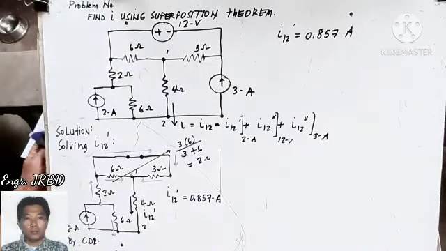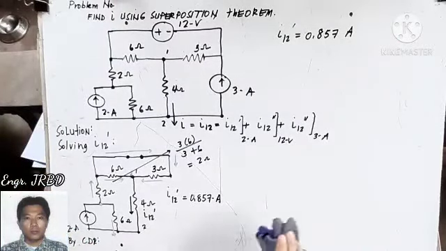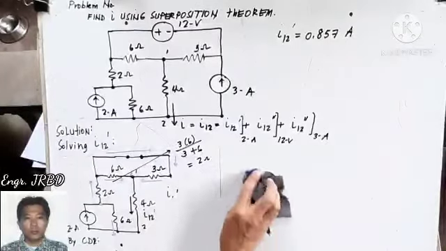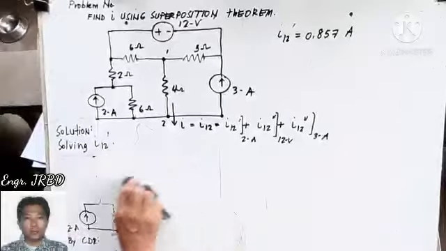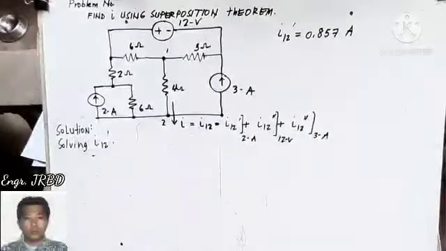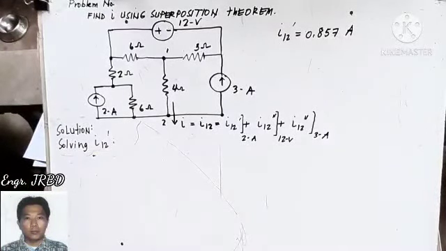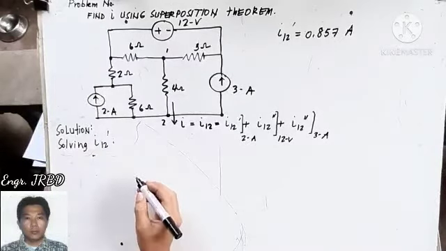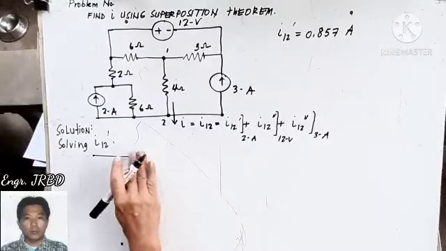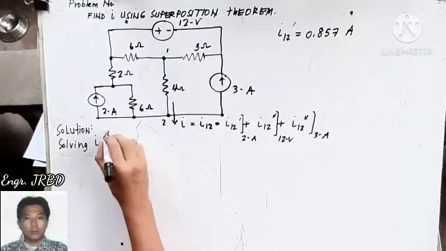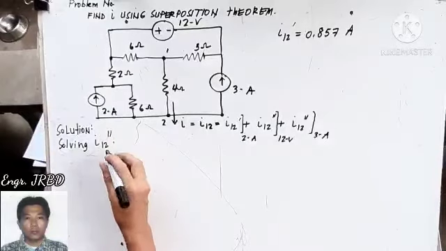Okay, next, let us consider your 12 volts. If you consider your 12 volts, replace the other two sources with an open circuit. This is your I12 double prime.